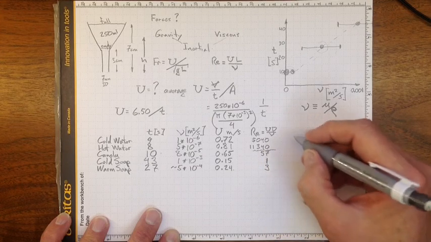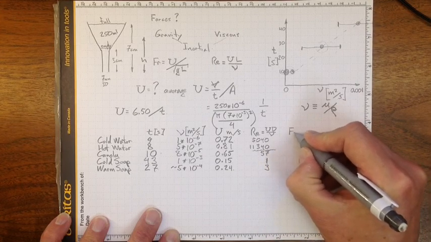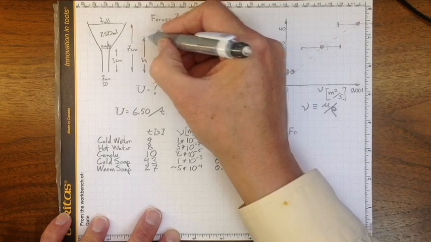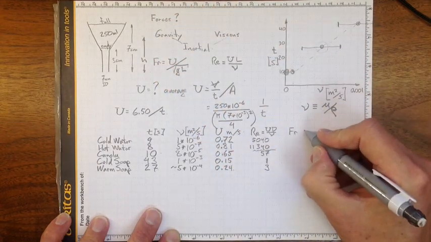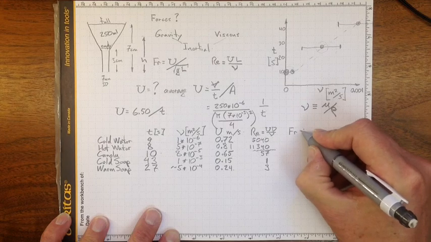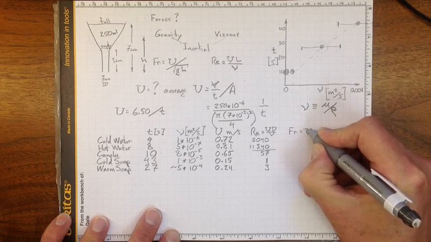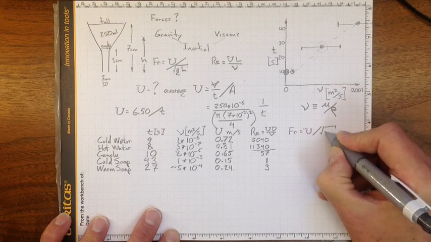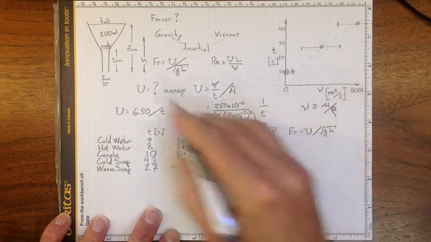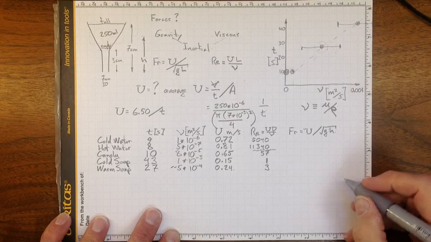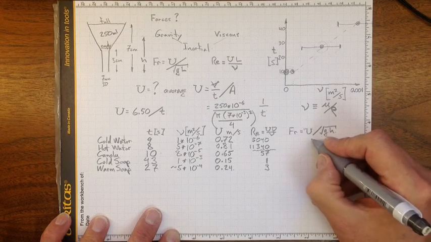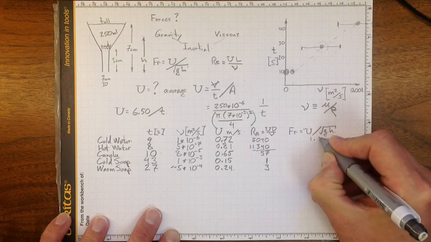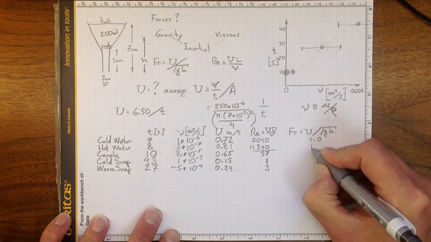Now let's look at the Froude number. If we calculate the Froude number based on this height h, so we'll calculate u over square root g and h, where h is about 5 centimeters. The numbers we get are 1.0, 1.2.